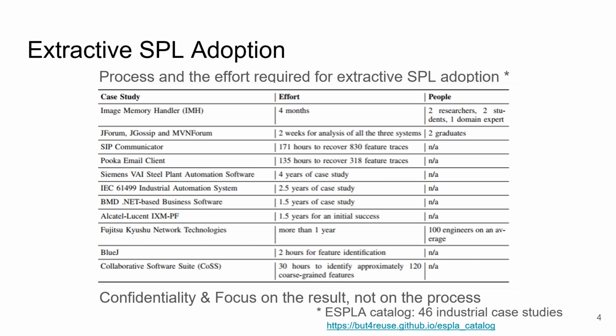From all the industrial case studies in the SPL catalog, only a few contain information about effort and people involved. This can be explained because of confidentiality issues and because it's more common to find just metrics about the final SPL and not about the process.